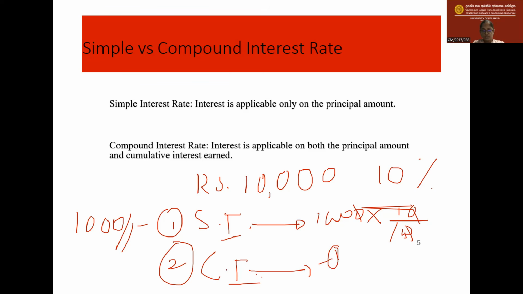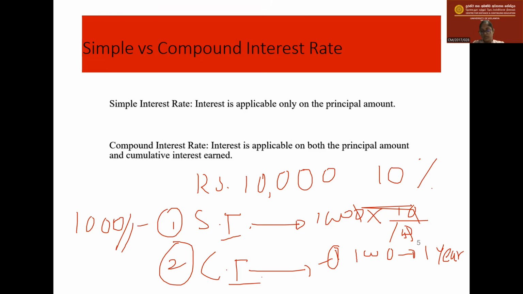When it comes to the compound interest, suppose the question is compound interest for 2 years, right? In the first year, the interest is 1,000. Suppose the question has asked you to calculate the compound interest for 2 years.